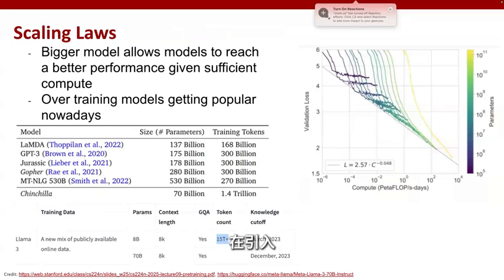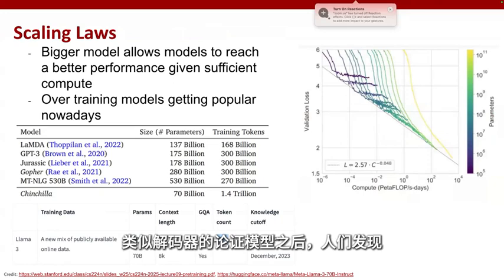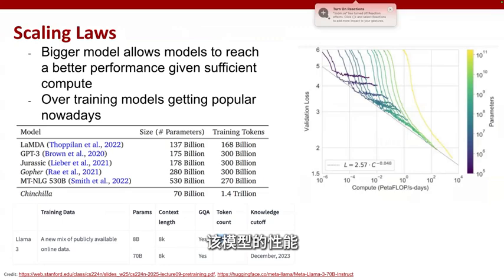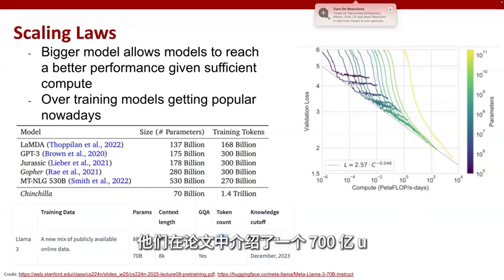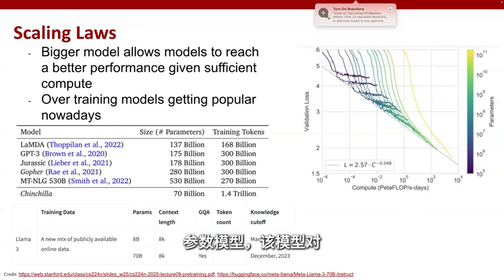And after the introduction of decoder large language models, people found that the performance of the model scaled pretty predictably based on size and training compute. In 2022, the Chinchilla paper introduced a 70 billion parameter model that was trained on 1.4 trillion tokens.